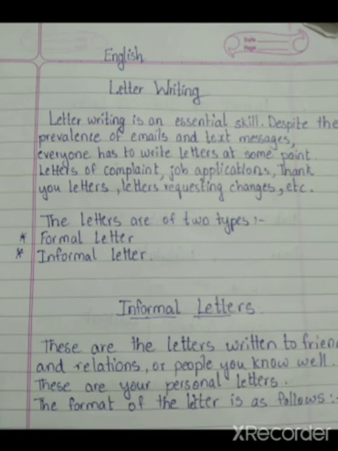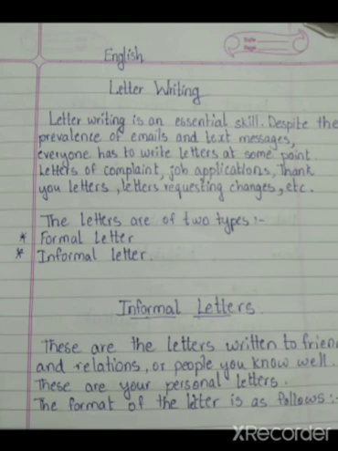We write informal letters to our friends, family, relatives, the people you know. To the people whom we know, they are our relatives, we have a relation with them, and when you write a letter to them, they are called your informal letters. And you can say, yes, they are your personal letters.